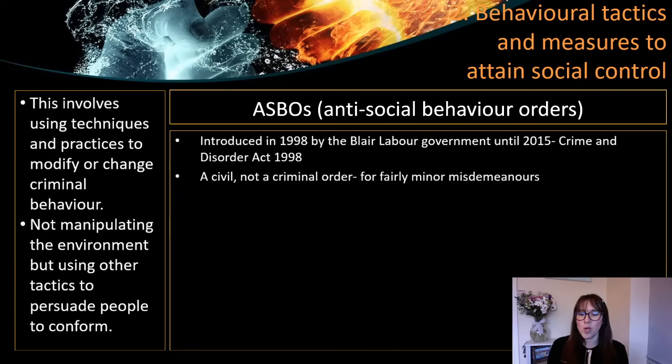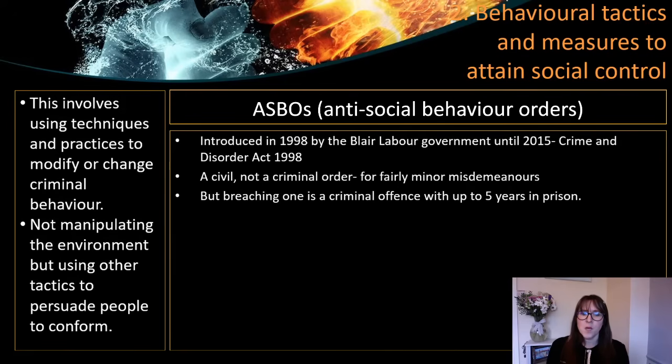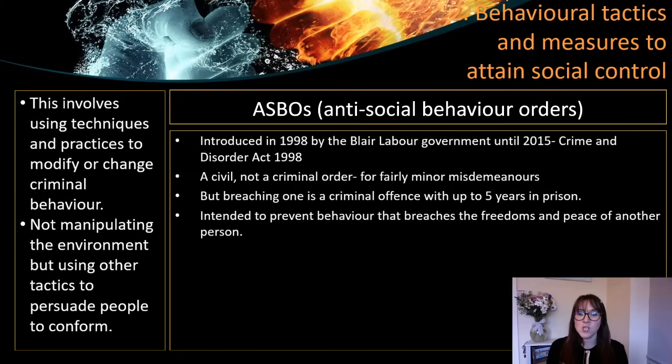It was a civil, not a criminal order for fairly minor misdemeanours, so low-level problems. But breaching one is a criminal offence with up to 5 years in prison. So breaching your ASBO. Intended to prevent behaviour that breaches the freedoms and peace of another person. So anytime you had antisocial behaviour, but if you got one and then broke it, it could go to a prison sentence.